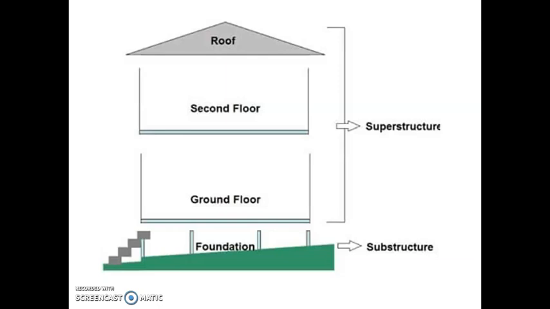Now walls. The next terminology is walls. Walls are the vertical elements on which the roof finally rests. They can be made of different materials like bricks, stones, mud, concrete, and blocks. If the walls are very long, columns can be provided to carry the roof. Walls provide privacy and enclosure.